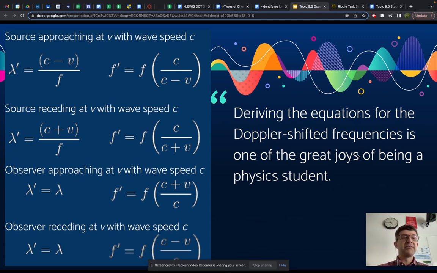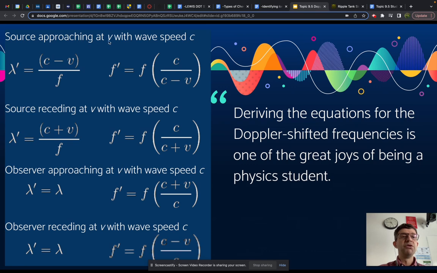I've written here the equations for both the observed change in wavelength and the observed change in frequency. Lambda prime is the change in wavelength, and f prime is how we see the change in frequency. The first two equations are for the moving source.